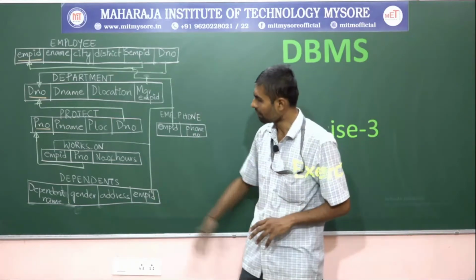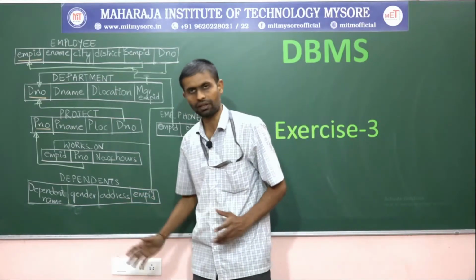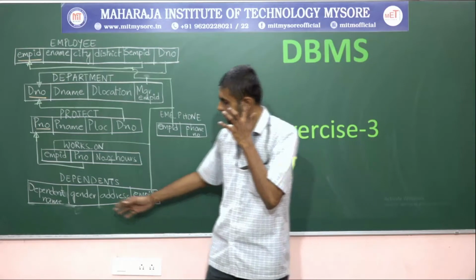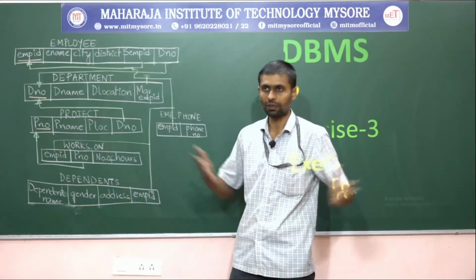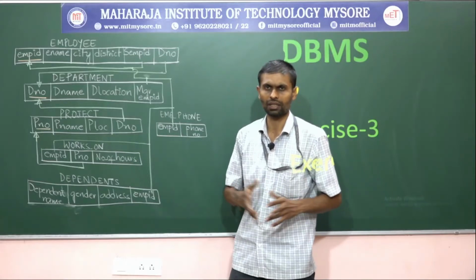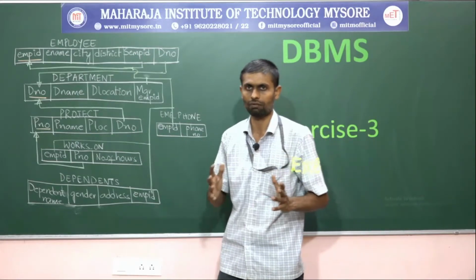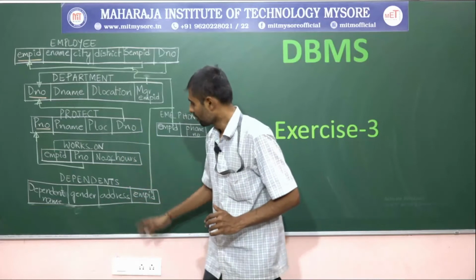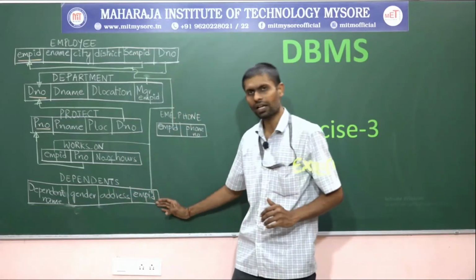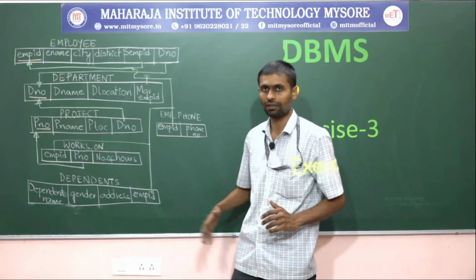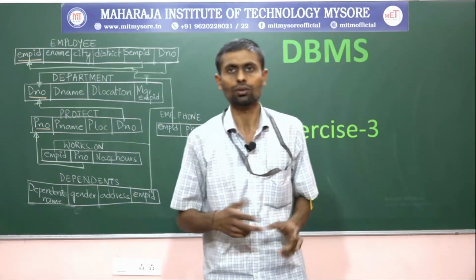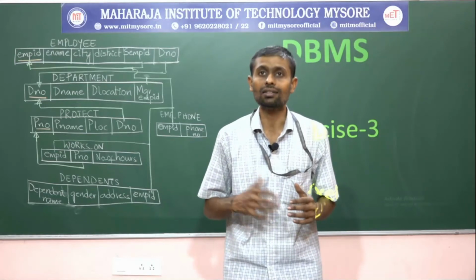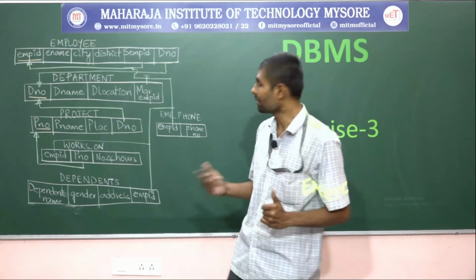Then we have the last table, which we call dependent. It contains employee dependent details, and actually it's a weak entity type in terms of our ER diagrammatic notation. That ER diagram is what we have constructed for this scenario. We have an employee ID which we made a foreign key, because a weak entity always requires the owner entity type's strong entity key attribute to identify the weak entity instances.